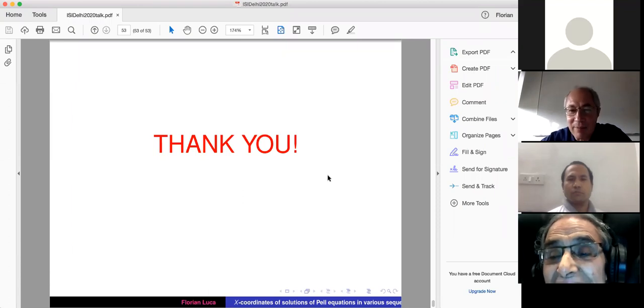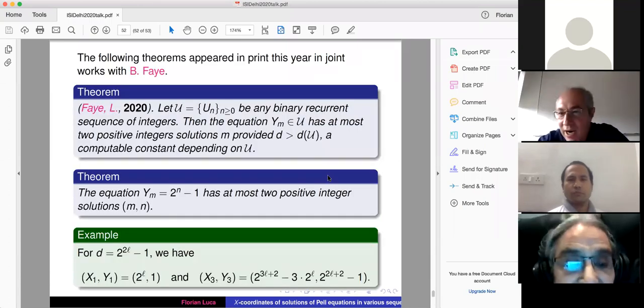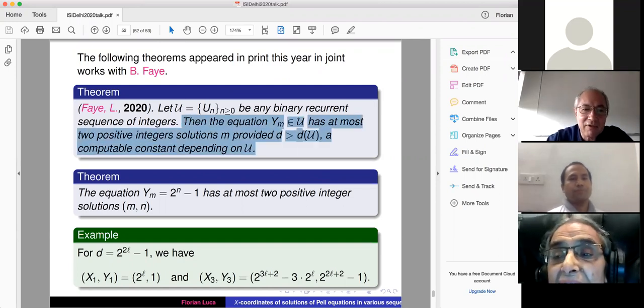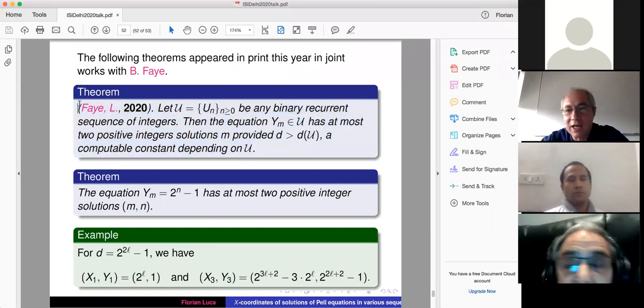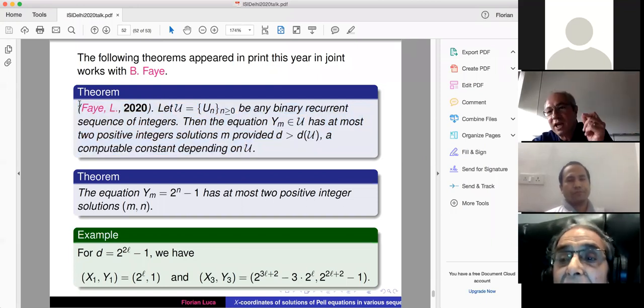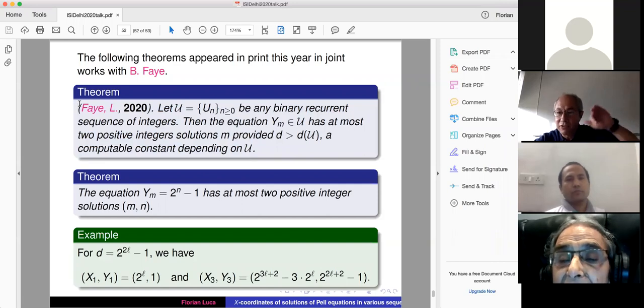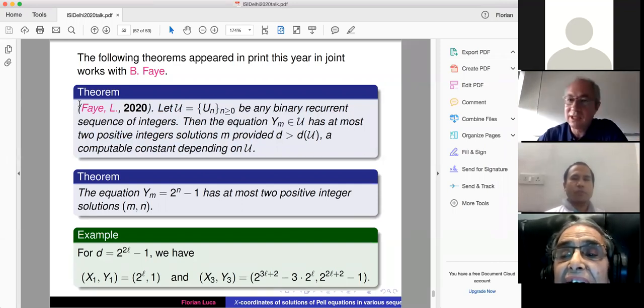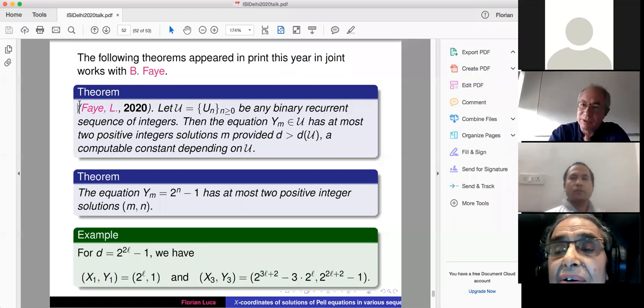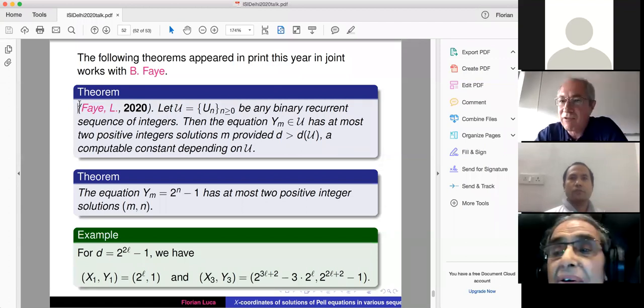Yeah, exactly. That's what I mentioned on the last slide. For the y_n, the result that we have over here is that for every binary recurrent sequence, you have only finitely many Ds for which you find 3 Ys which are members of that sequence. But we haven't worked out the y equal to the specific Fibonacci sequence or the specific Luca sequence.